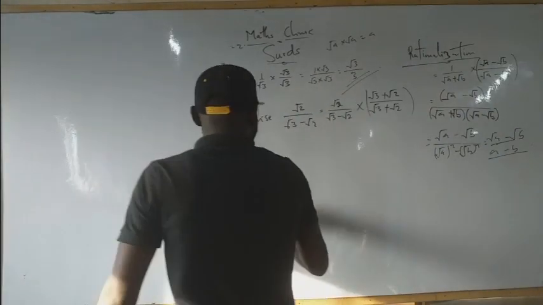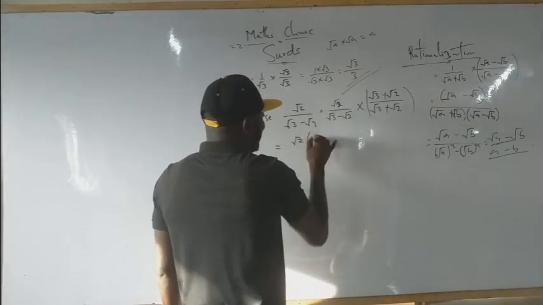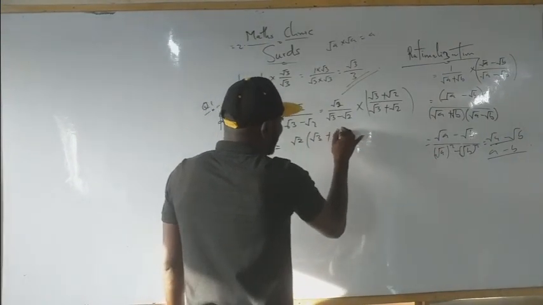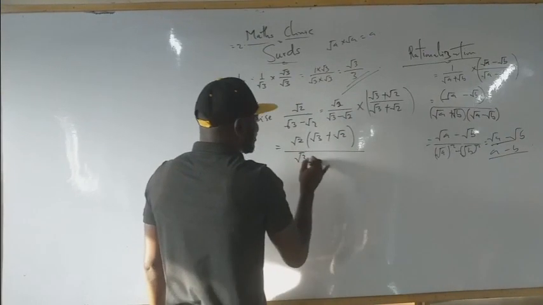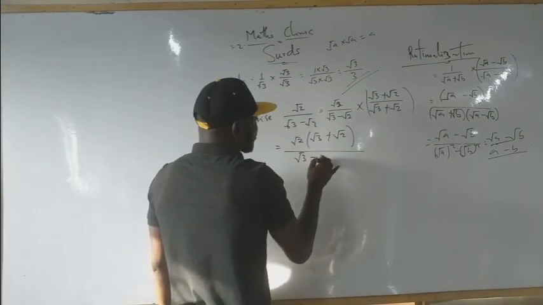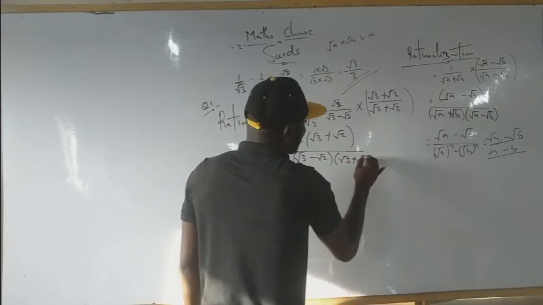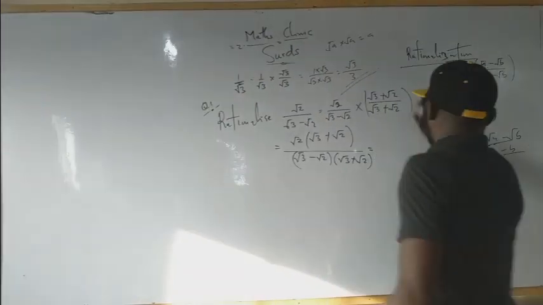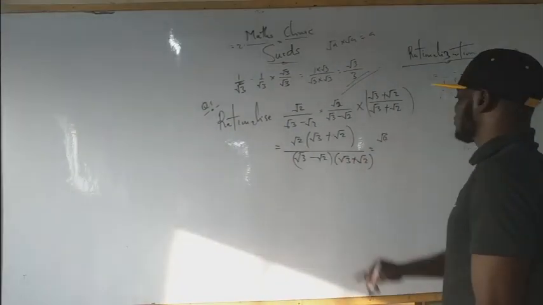This equals root 2 into bracket root 3 plus root 2, close the bracket, everything over root 3 minus root 2 times root 3 plus root 2. This will give you root 6.